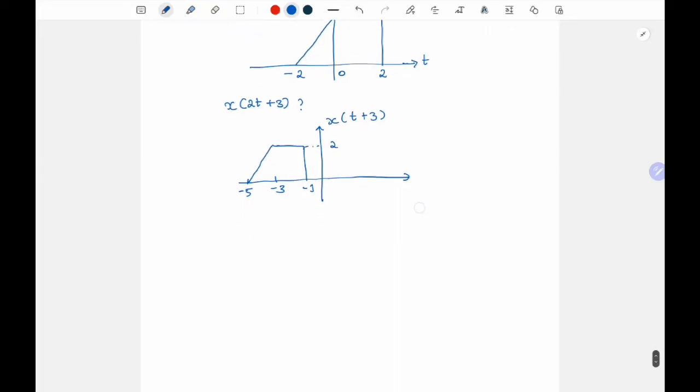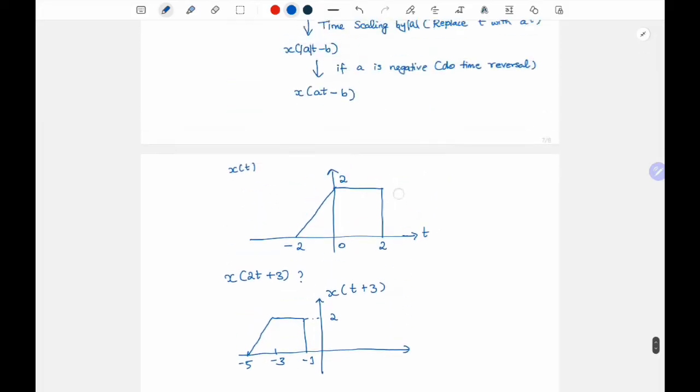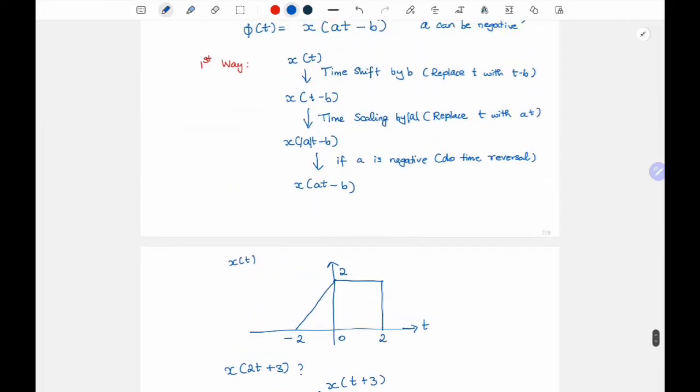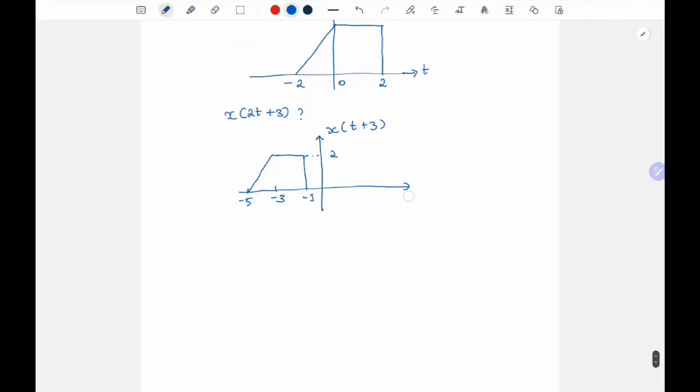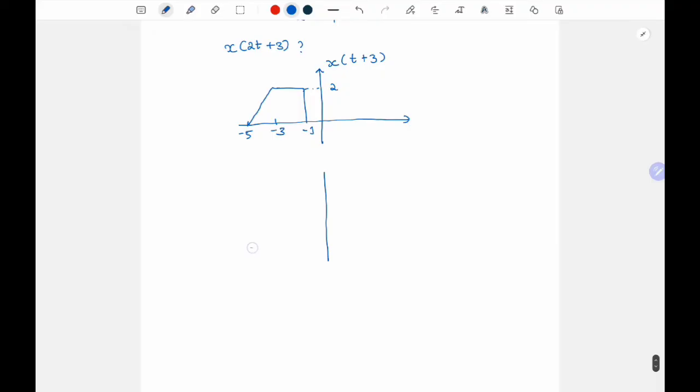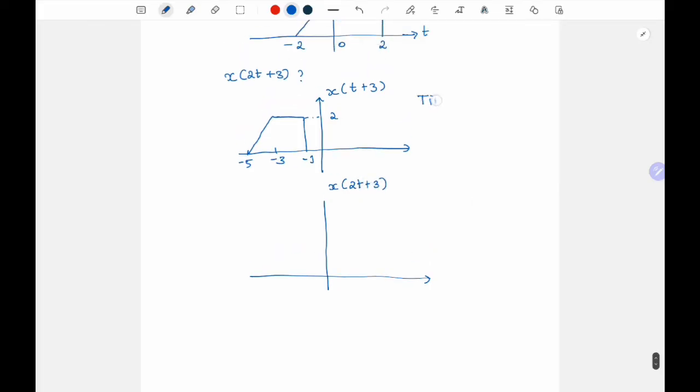Amplitude will be 2. Now x of, then what should I do? I should time scale by a. Your a is 2. So now I should time scale by x of 2t plus 3. So here time shift by 3, here now time scale by 2.